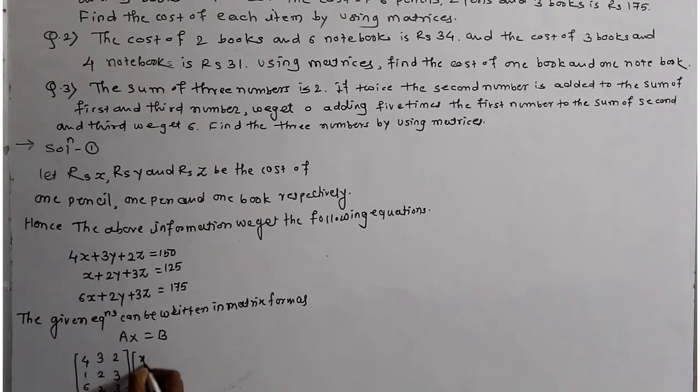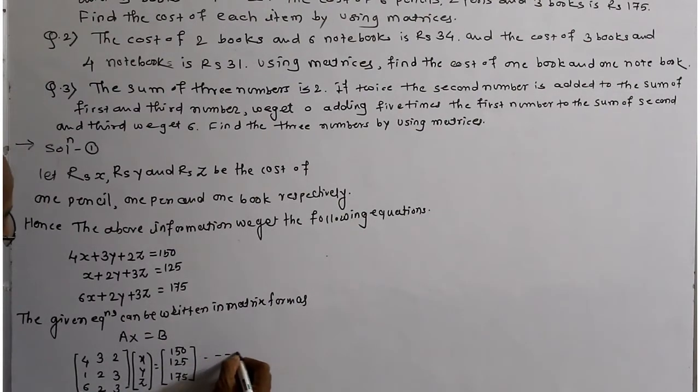X is the matrix of variables x, y, z, and B is 150, 125, 175. So this is number 1.